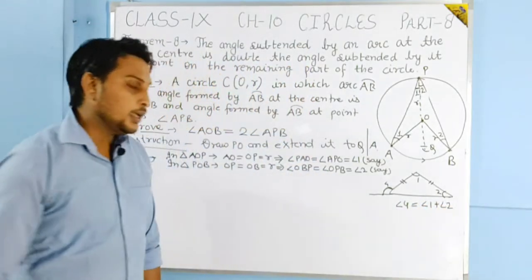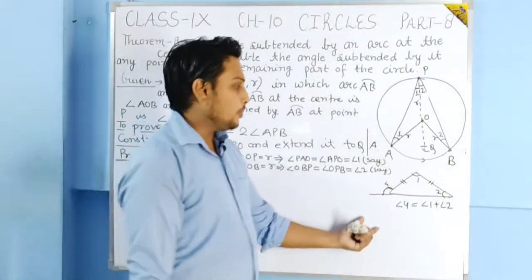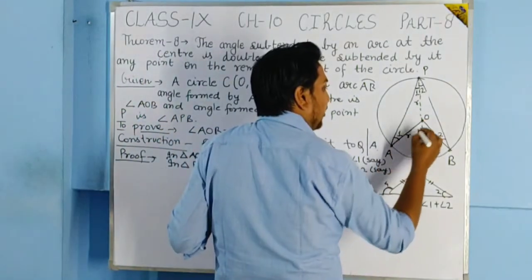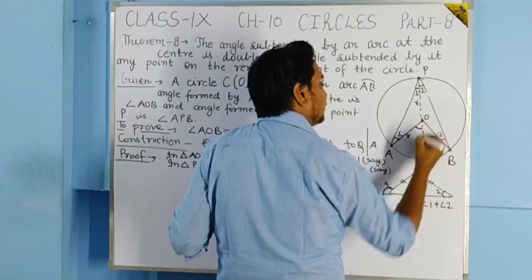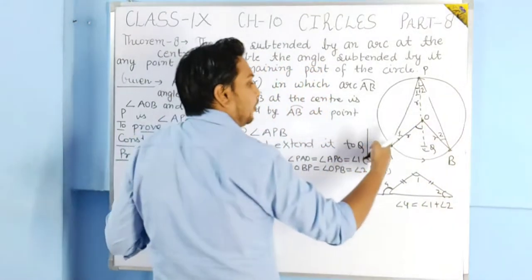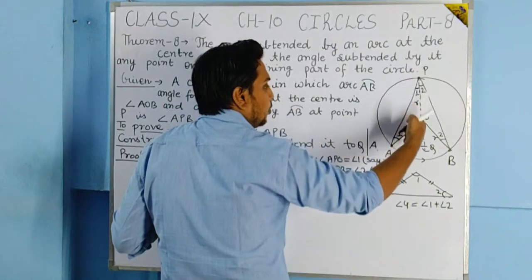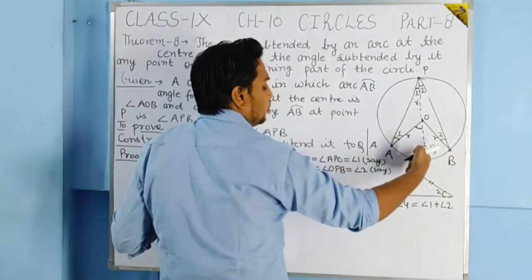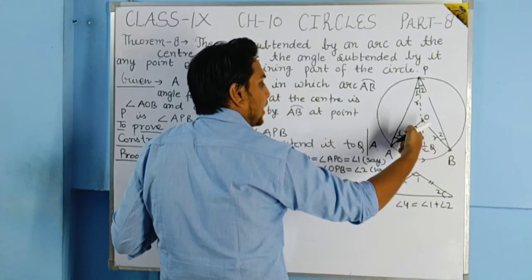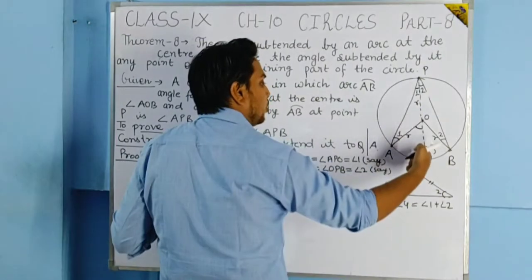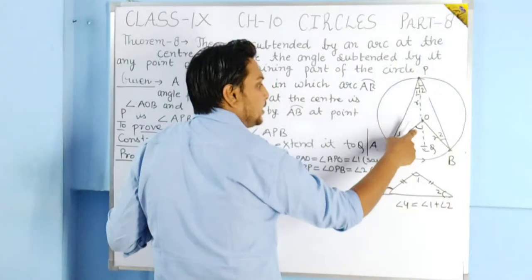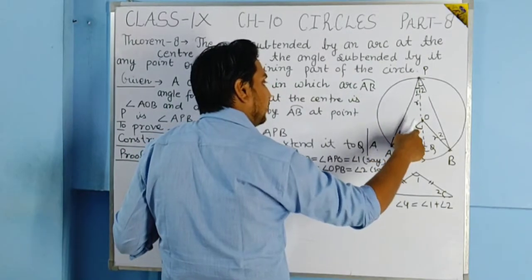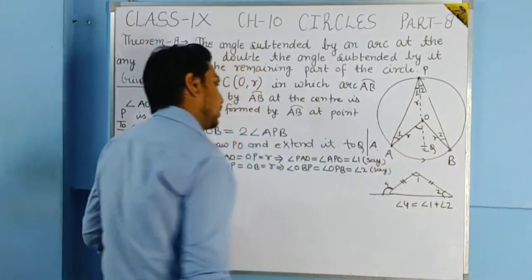So here in this case also, for triangle APO, the side PO is extended to Q, so angle AOQ will be the exterior angle for this triangle, and it will be equal to the sum of these two angles.